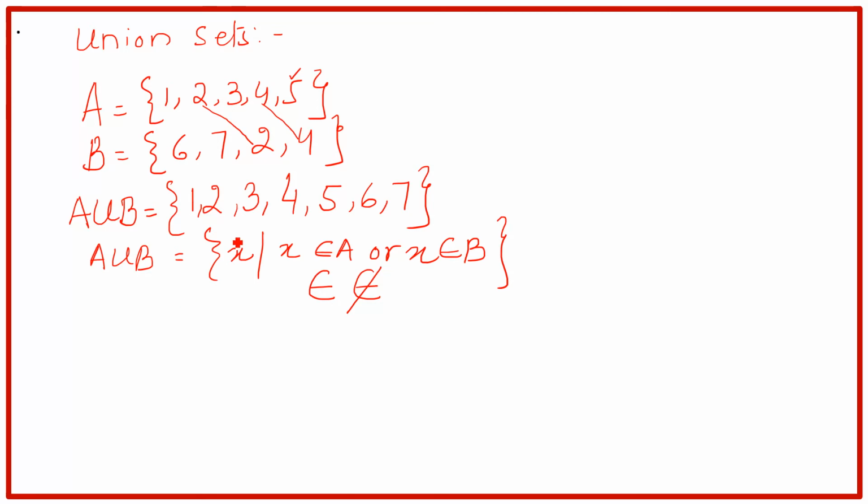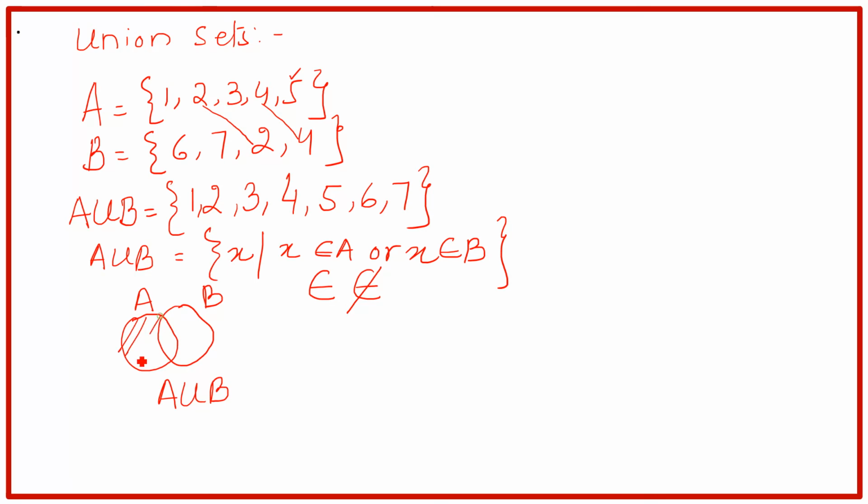Right? If I show you with the help of a Venn diagram, so see, this is A and this is B. This is the Venn diagram, right? A and B. Each and every element we have to write down. So A union B, how will we represent it in the form of a Venn diagram?